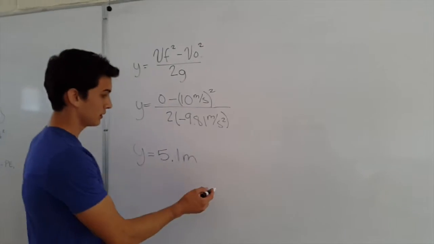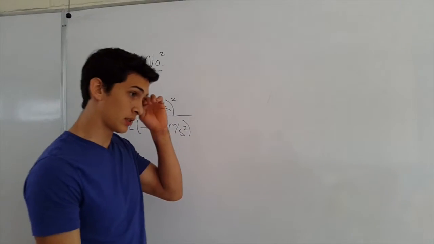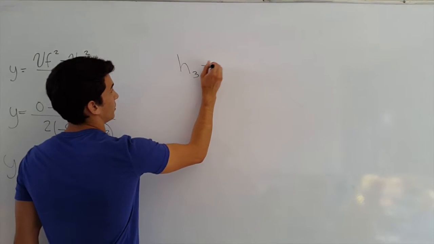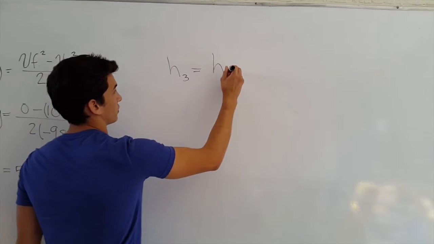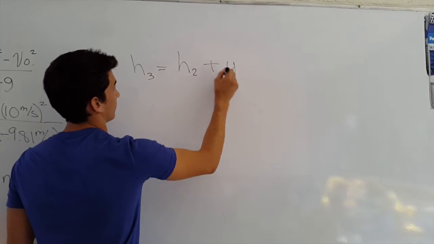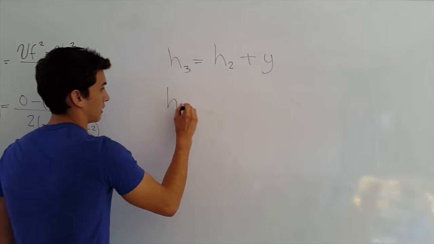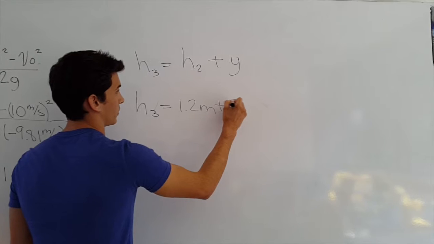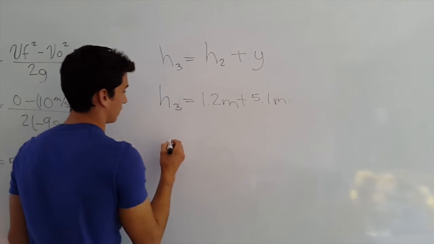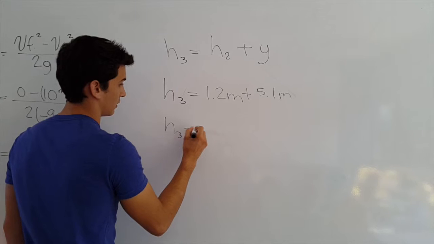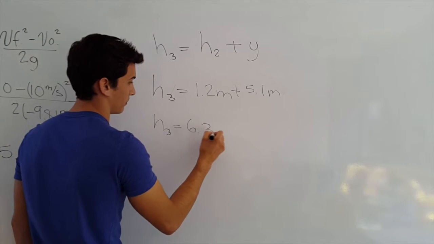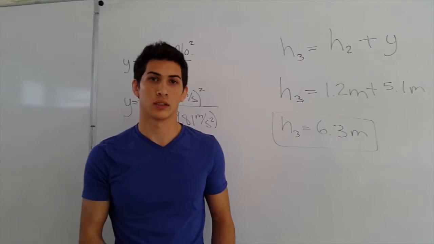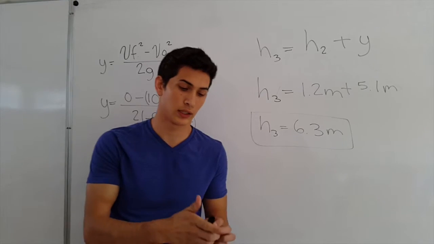So now with y, we can find the maximum height. That will be h2 plus y, and this data we have. We substitute: 1.2 meters plus 5.1 meters, and this is equal to 6.3 meters. So we have the maximum height, and now we can solve letter A.